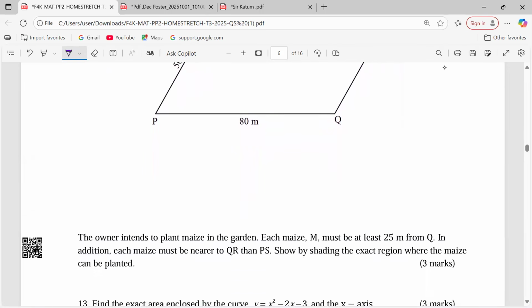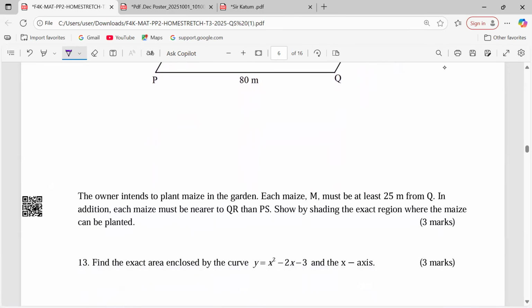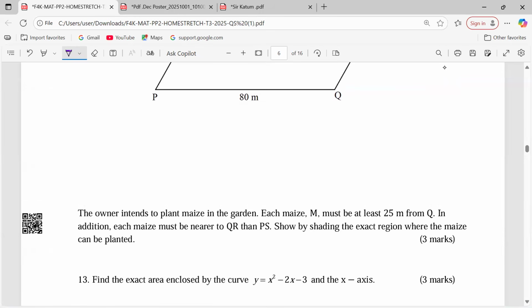Then from that, we are told that the owner intends to plant maize in the garden. Each maize must be at least 25 meters from Q. In addition, each maize must be nearer QR than PS.